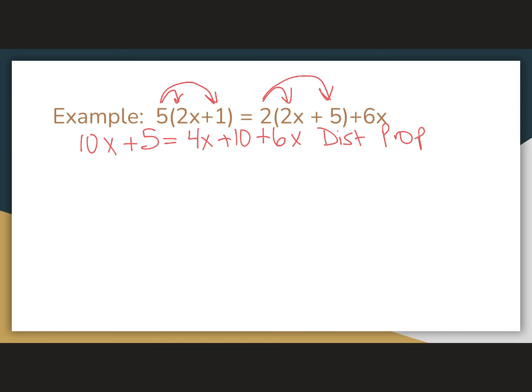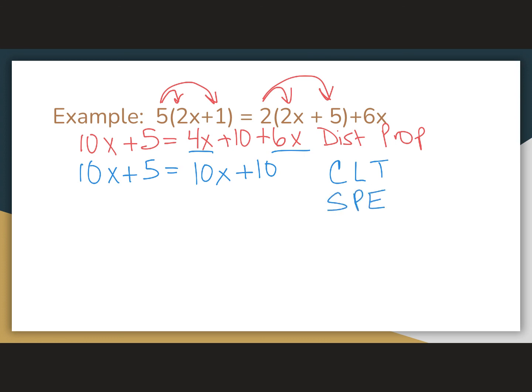The next thing I'm going to do is combine some like terms. So I have 10x plus 5 equals, these combined, 4x and 6x is 10x, plus 10. So next I'm going to subtract my 10x from both sides.